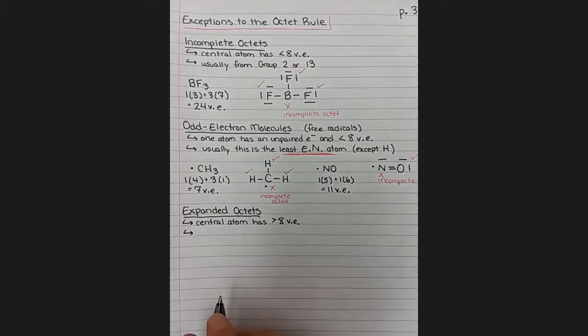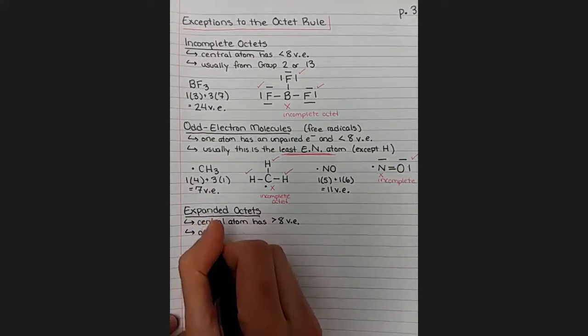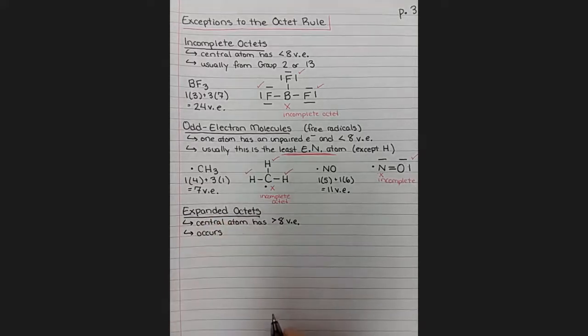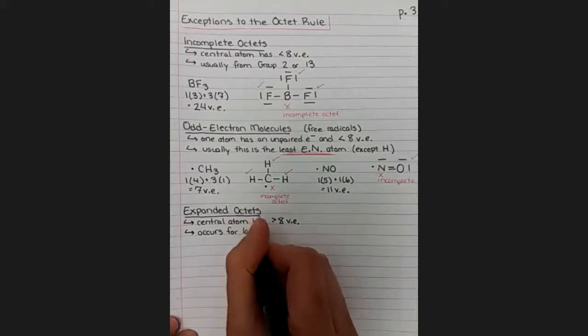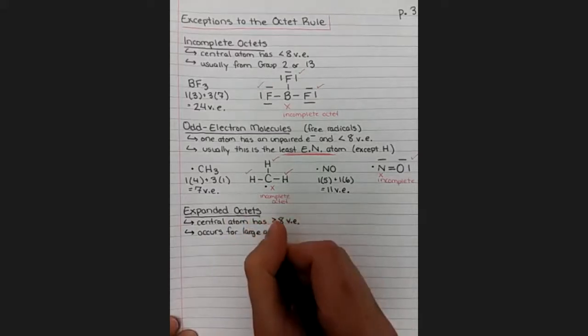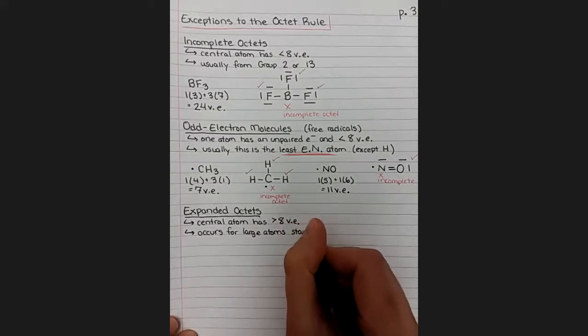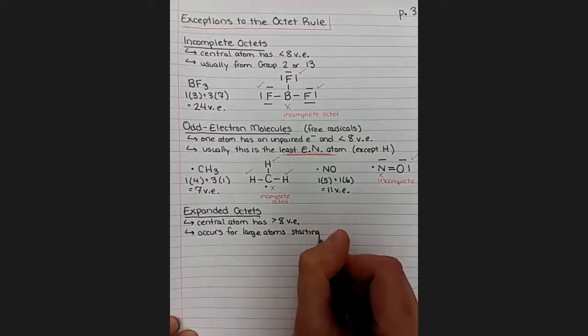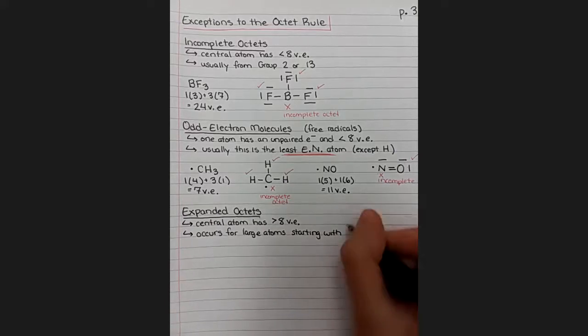This only works for large elements because large elements have d and f orbitals that they can use to store those extra electrons in. So it has to be in the 3rd period or below for this to work. So it occurs for large atoms. First one that's been observed is phosphorus. I believe is number 15.